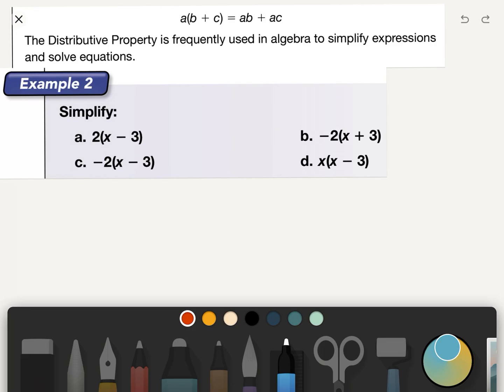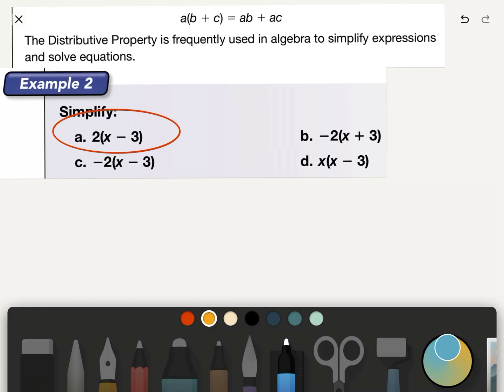But I guess switching gears over to the distributive property, we can shift things around, and the distributive property is frequently used in algebra to simplify expressions and solve problems. So looking at our examples here, we can say 2 times x minus 3.